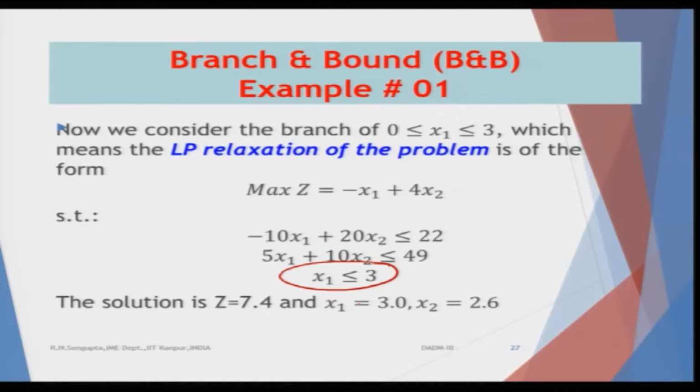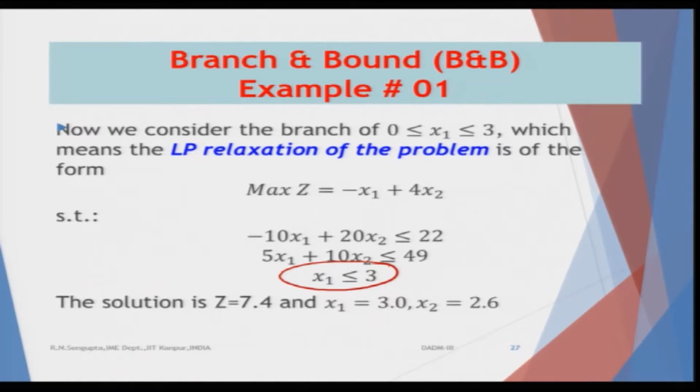So, I relax, and x1 values can take any values, non integers also, continuous between 0 and 3. Now, again you solve the linear programming problem, the Tableau method, whatever you want to use, and now the solution comes out to be like this: x1 is 3, x2 is 2.6 and the z value is 7.4.